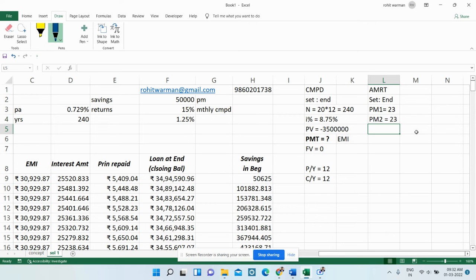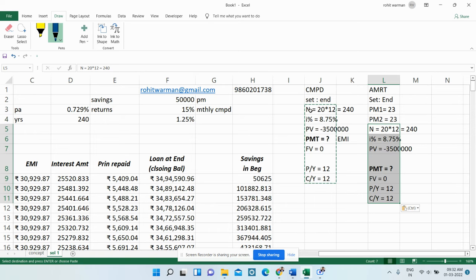PM2 also 23. Next you will find the rest of the things like N, 240, then I percent. The rest of the things it will capture from the CMPD, so I'll copy this. It will even take the PMT, no need to calculate.